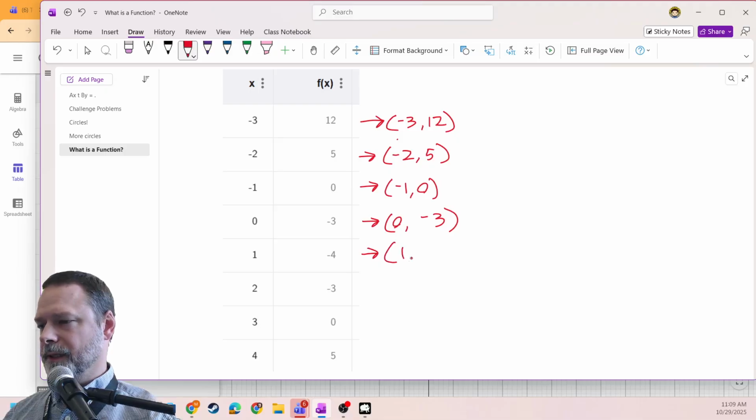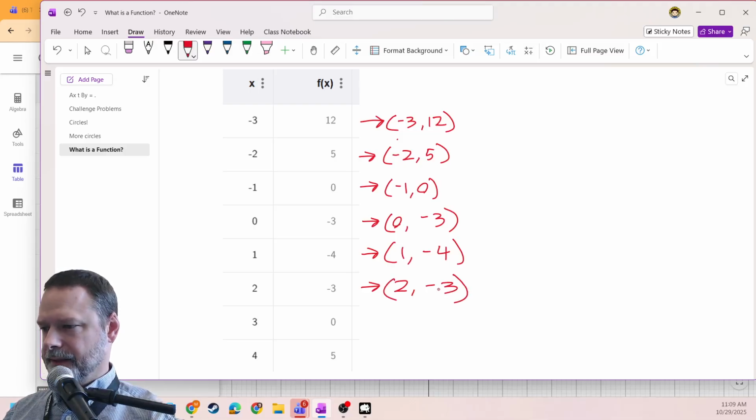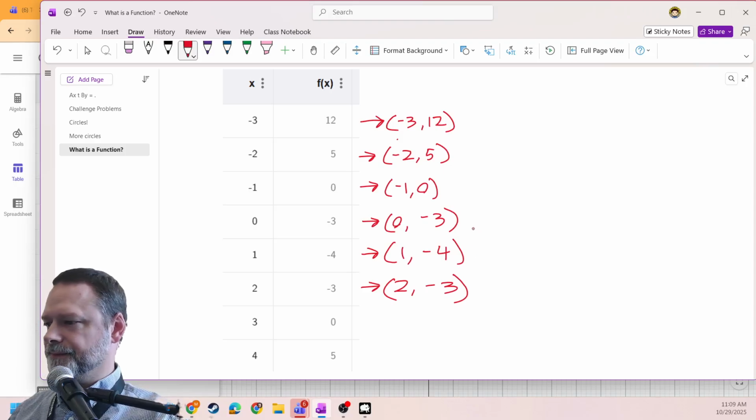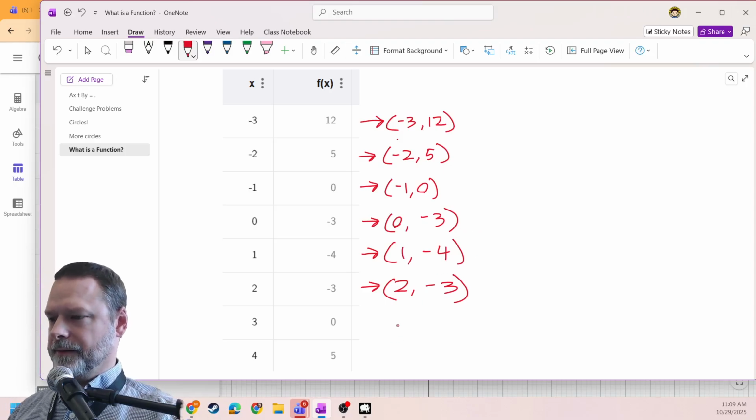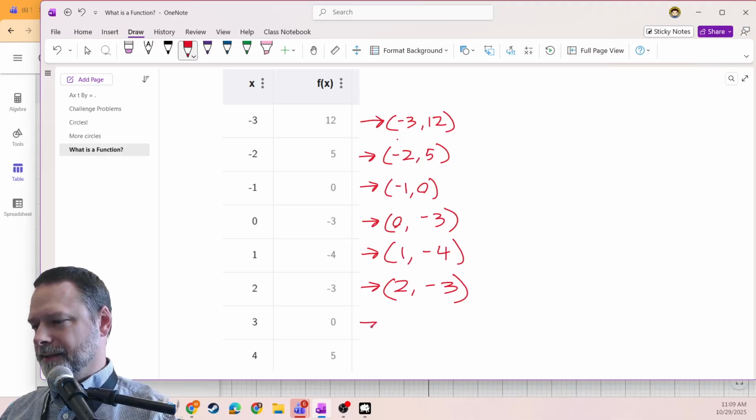Let's see here, 1, -4. And we'll do one more, 2, -3. That's good enough. I won't do all of them. I guess I'm missing one, so I'll just do this one. Okay, 3, 0.